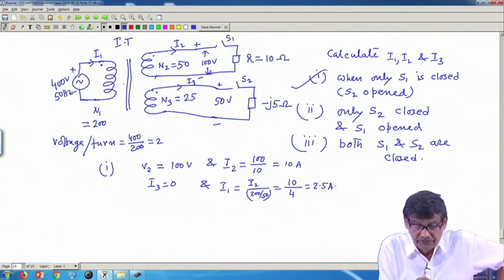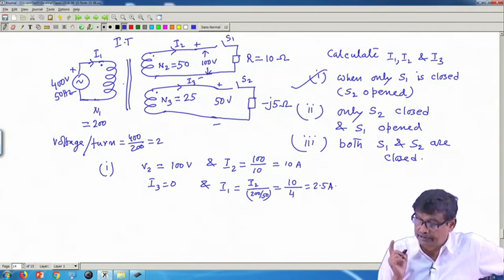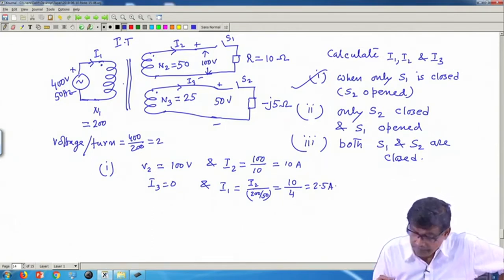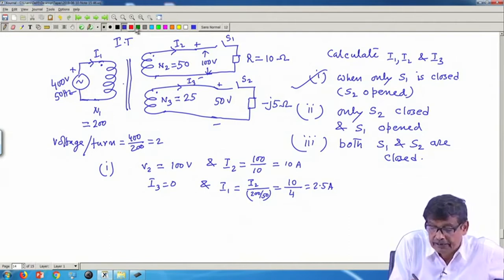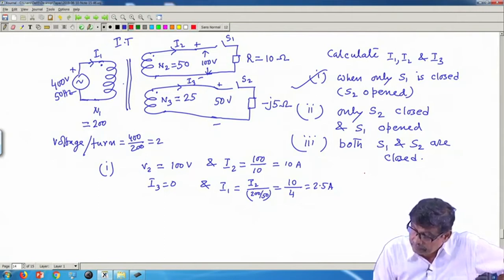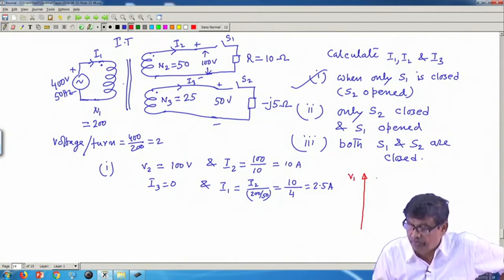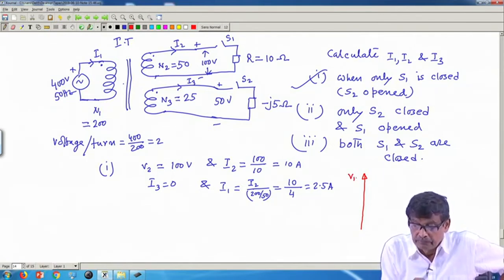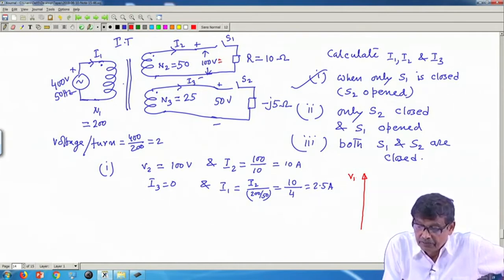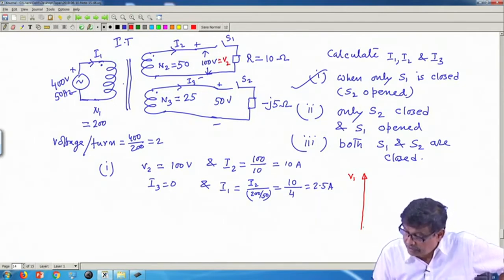And let us also draw the phasor diagram under this ideal transformer. What is the phasor diagram? Phasor diagram will be like this. This is your V 1, 400 volt. This will be your V 2, 100 volt. All the induced voltage will be in phase.